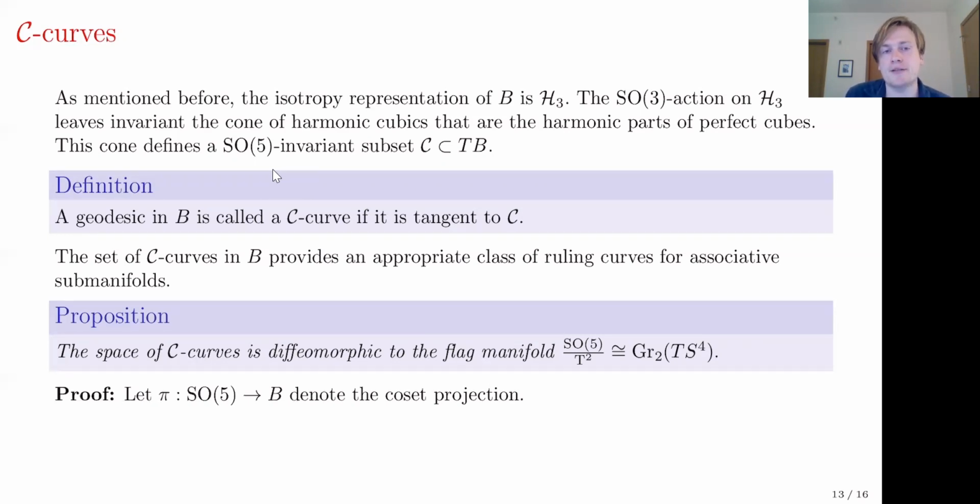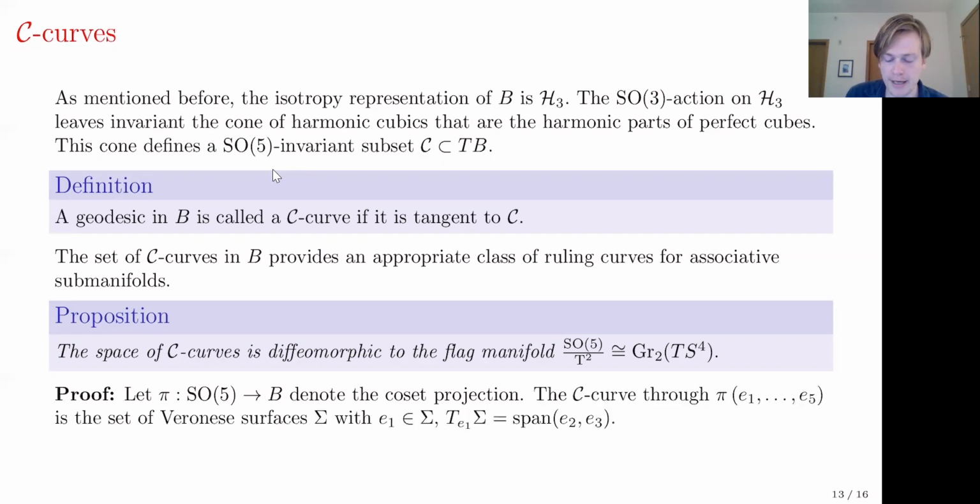Let's let π from SO(5) to B denote the coset projection. Then it turns out that the C curve through π of (E1 through E5), so in the direction of E1 through E5, turns out to be the set of all Berger surfaces σ that have the first vector E1 in σ, and then the tangent space at this point E1 should be the span of E2 and E3.